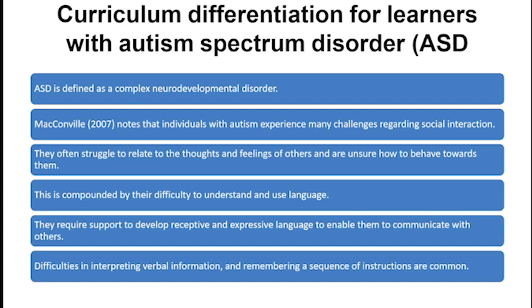This is compounded by their difficulty to understand and use language. They require support to develop receptive and expressive language to enable them to communicate with others. And they find it difficult in interpreting verbal information and remembering a sequence of instructions, which is common.